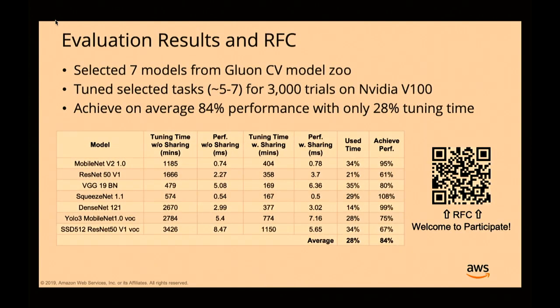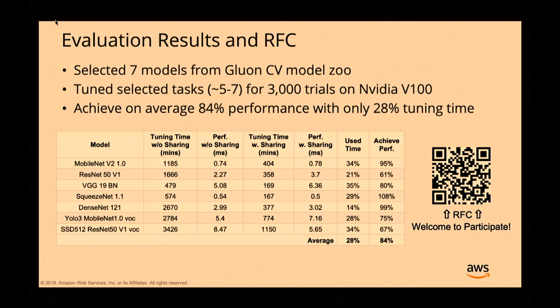The results are actually very encouraging. I selected 7 models from the GluonCV model zoo, so they are all CV models. We have some MobileNet, ResNet, and we also include some object detection models like YOLOv3 or SSD. We tune selected tasks, usually 5 to 7 tasks depending on the model, for 300 trials on NVIDIA V100, and then we apply those to other tasks in the same cluster.